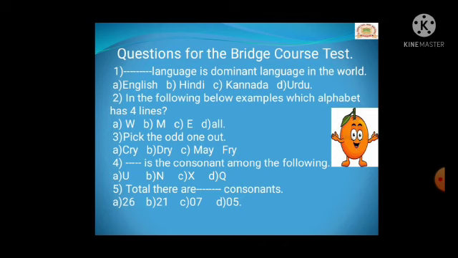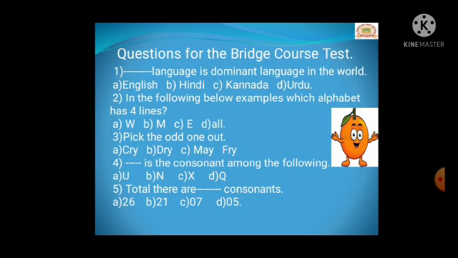Question number 1. Dash language is a dominant language in the world. 4 options are there: English, Hindi, Kannada, Urdu. Urdu will not become the language of the world. Next, Kannada, because Kannada is a state language, Karnataka state language. It also will not become a dominant language in the whole world.